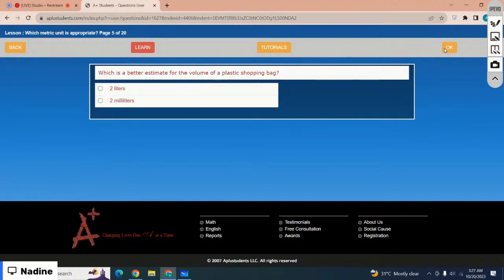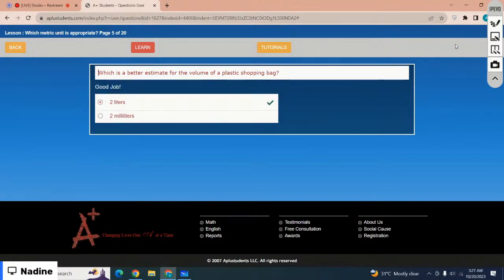For a plastic bag, 2 milliliters is a very small unit. It would be 2 liters, right?